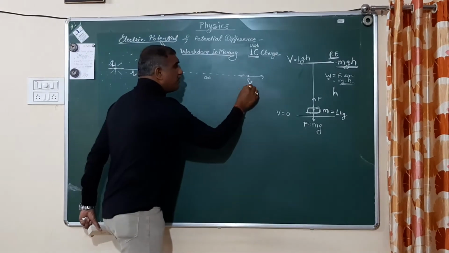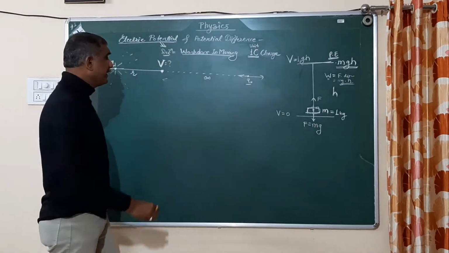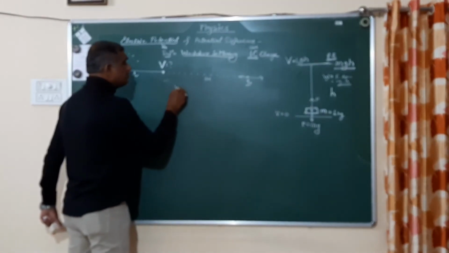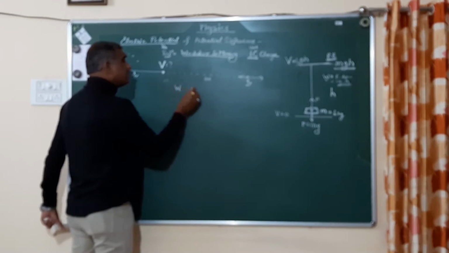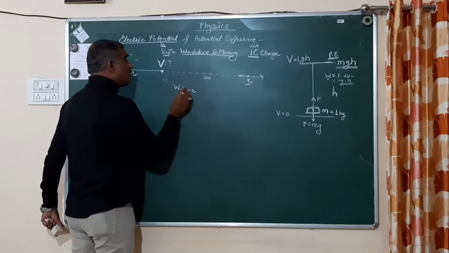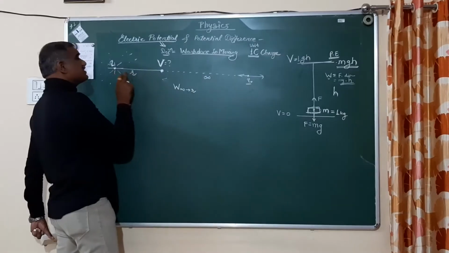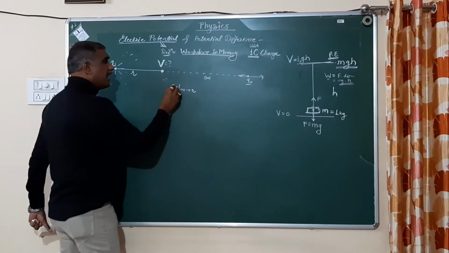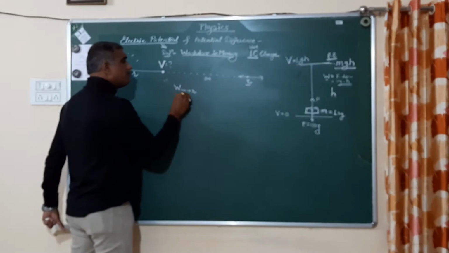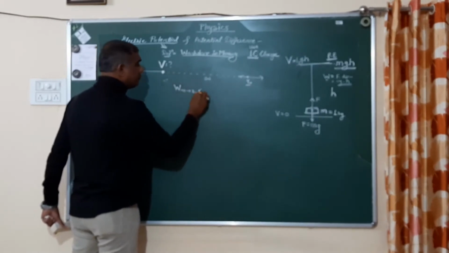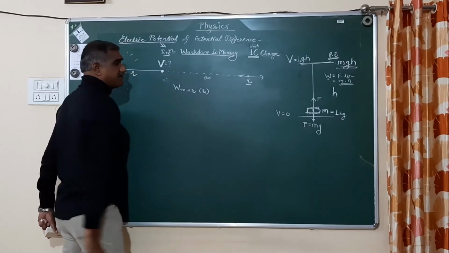That work done is denoted as the work done in moving Q0 charge from infinite distance to the observation point, which is at a distance r from the source charge.